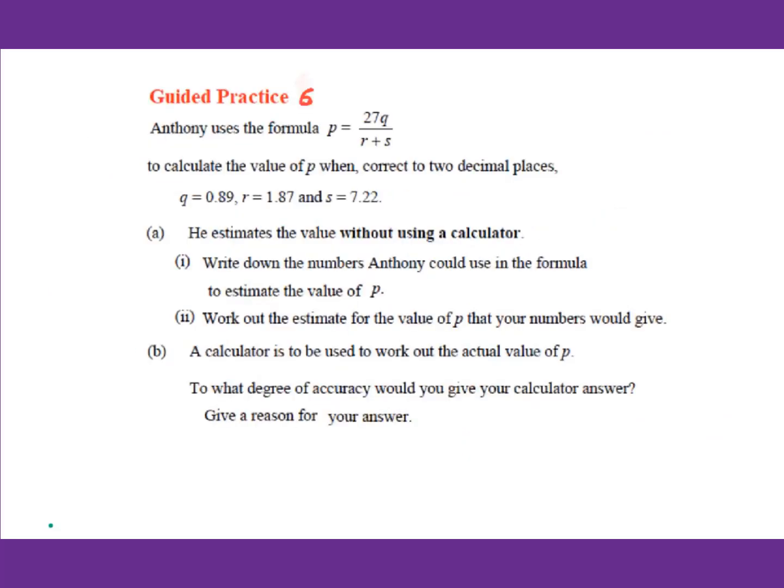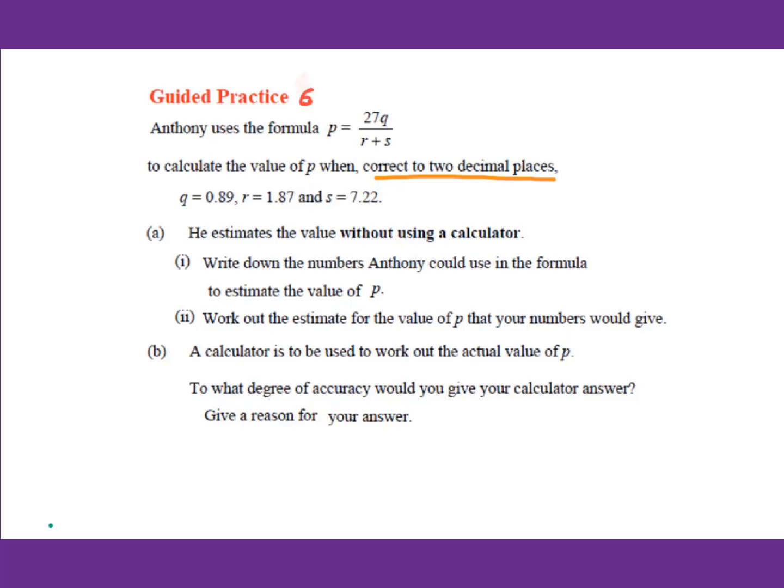Guided practice 6. Anthony uses the formula P equals 27Q over R plus S to calculate the value of P when corrected to 2 decimal places. Q equals 0.89, R equals 1.87, S equals 7.22. He estimates the value without using a calculator.